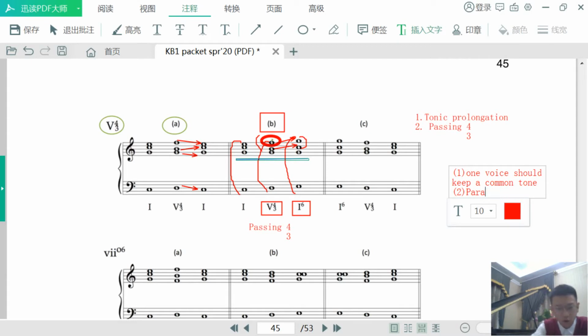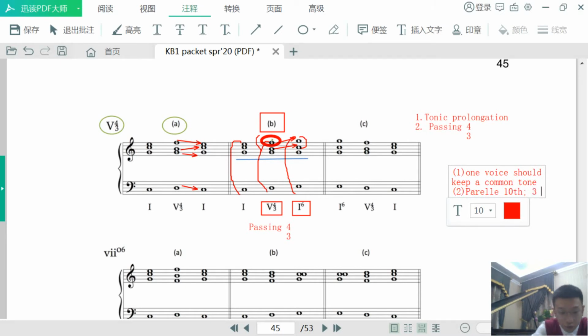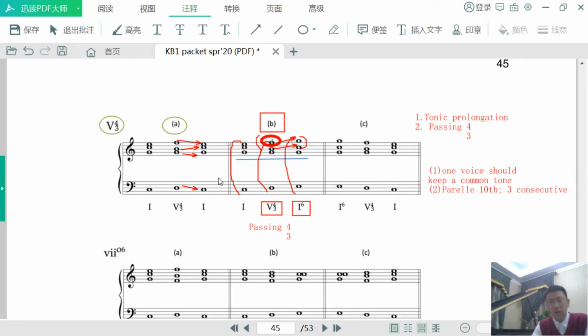Okay, parallel tenths. Sorry, I forgot the spelling. The parallel tenths must be 3 consecutive parallel tenths. Let's hear this progression again in C major. Parallel tenths. Right? So that's all called a passing 4/3.